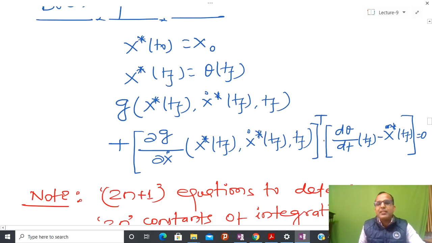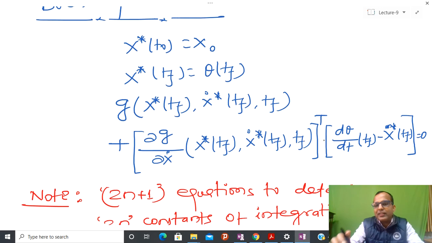It is pretty easy to check that the first Euler equation remains the same, and after that you have dou g by dou x dot, whenever we are talking about variation with respect to delta TF, delta XF, meaning the final state.